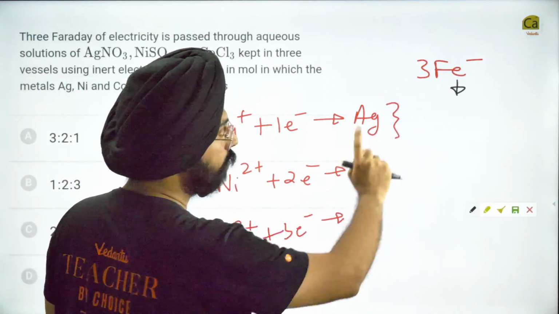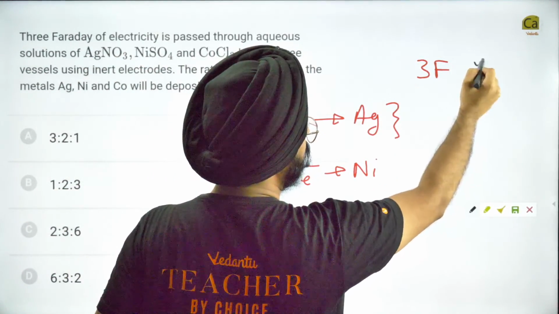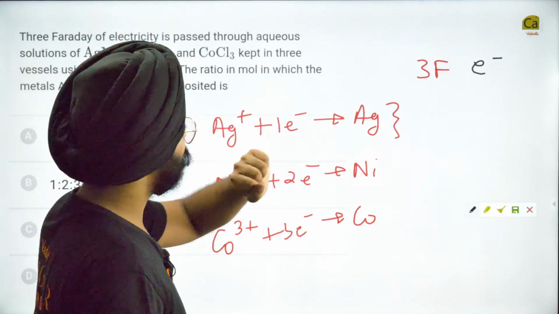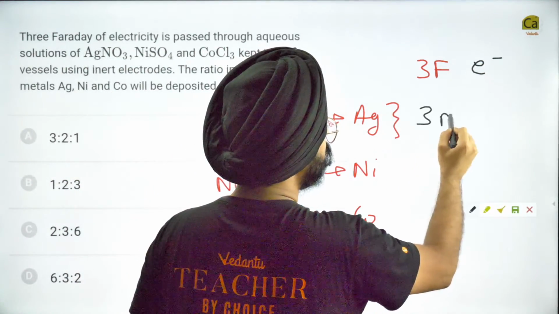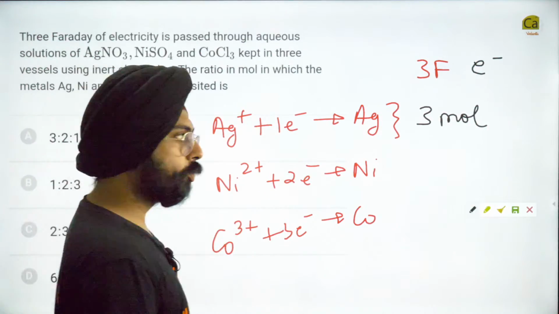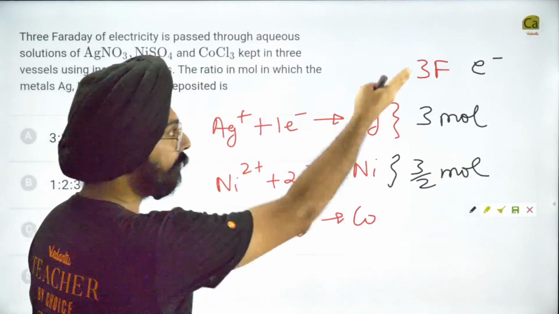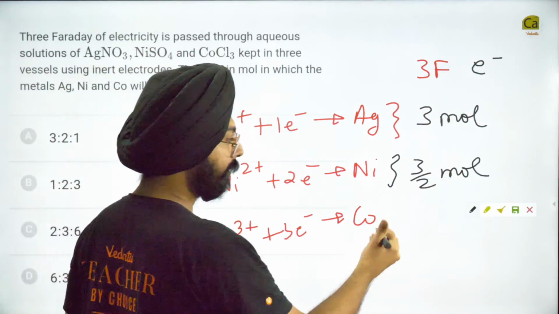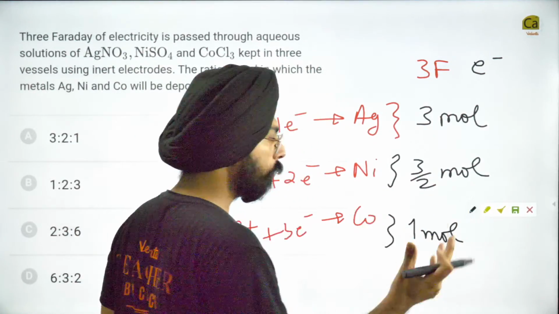Anyway, so 3 Faraday of electrons, if we have 3 moles of silver can be formed. If I have 3 Faraday electrons, 3 by 2 moles of nickel can be formed. If I have 3 Faraday of electrons, all 3 will be used up for only 1 cobalt. 3 by 3 essentially 1 mole of cobalt will be formed.